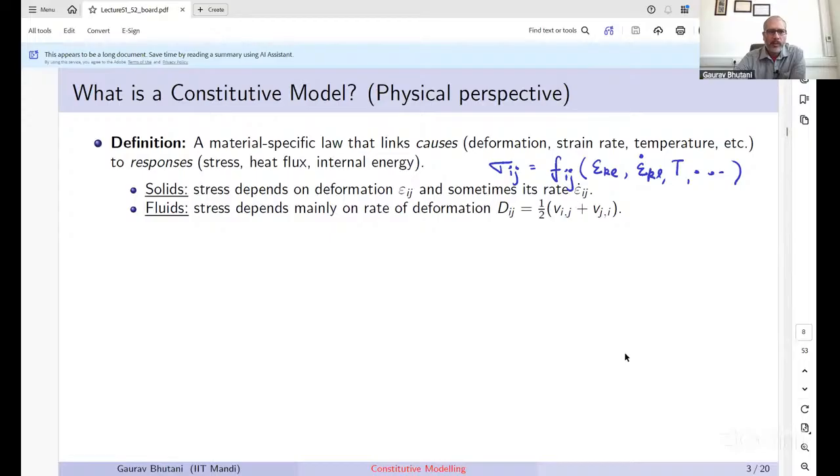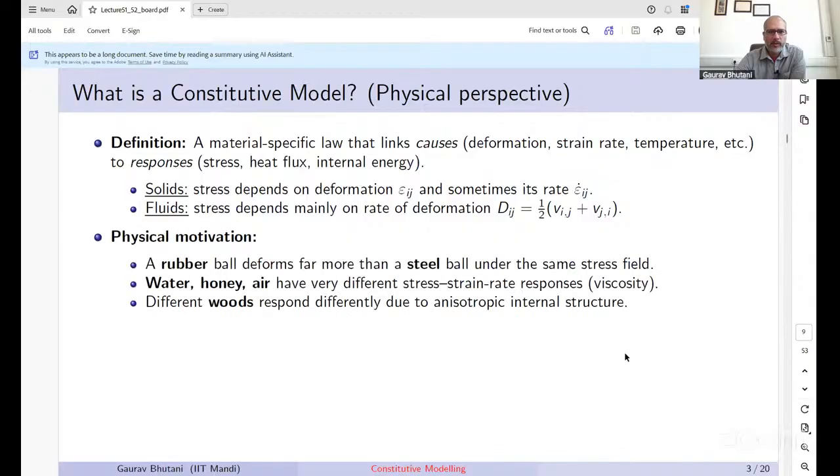So we talked about the definition of the model from a physical perspective. The idea was that depending on the nature of the material, we noticed that the response is different as a result of the causes. So an example was if you're dealing with a rubber or a steel ball, they show different responses.